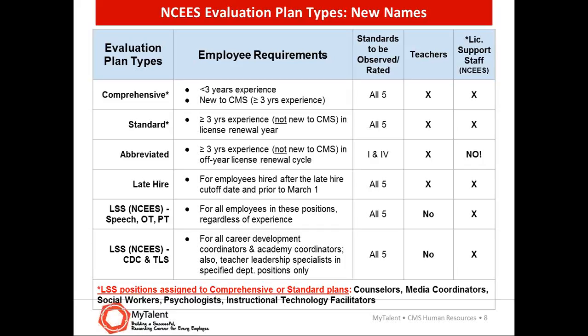There will also be a new late hire evaluation plan this year for employees who are hired after the late hire cutoff dates and prior to March 1st. The new late hire evaluation only requires one observation and a summative, and that plan can be used for both teachers and licensed support staff with these NESIS type plans.